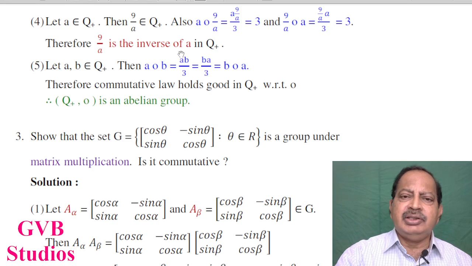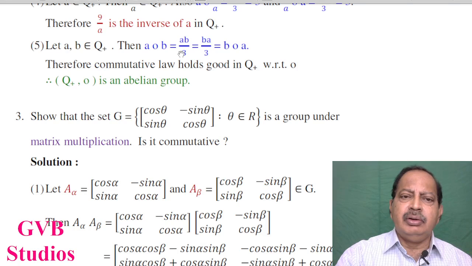So, 4 properties are verified here. But in the problem, it is asked to show that it is an abelian group. So, we go to the 5th point. Let A, B belong to Q plus, then A circle B is equal to A into B by 3. Here A, B are rational numbers and multiplication of rational numbers is commutative. We know that in the lower classes. So, I will write AB is equal to BA. And BA by 3 can be written as B circle A. Thus, A circle B is equal to B circle A. This is known as the commutative law.